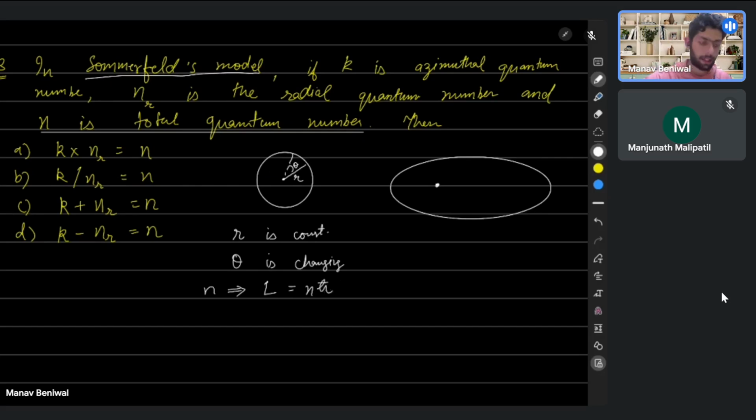But in Sommerfeld's model, if your electron is here, then its distance from the nucleus r is also changing, right? For example, when it goes here, now your r has changed, it has become some r prime. So here r is not a constant, r is also changing, and of course your theta is changing, right?